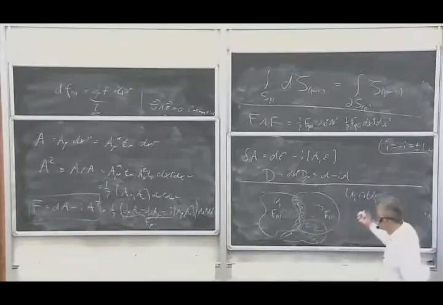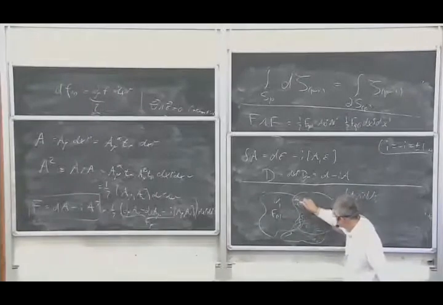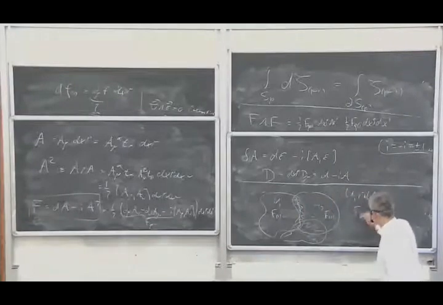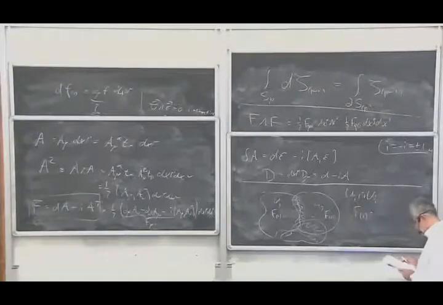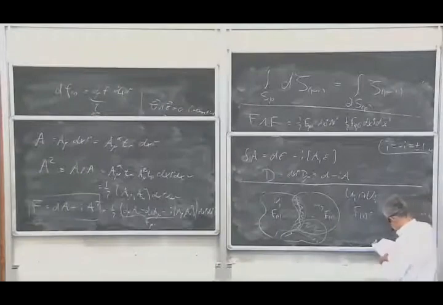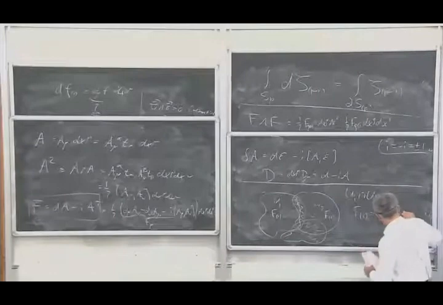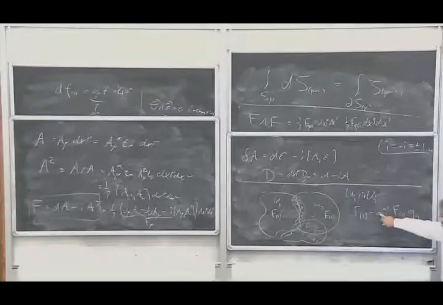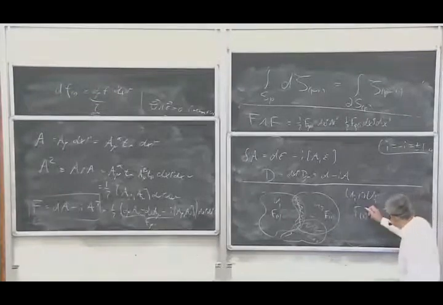So I may allow that F2 on the overlap, where I can compare it with F1, is a gauge transformed of F1. So on the overlap, Fi should be Gij^-1 Fj Gij, where Gij is an element of my gauge group.